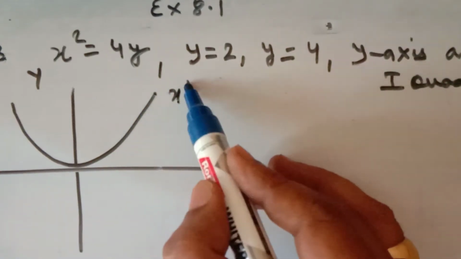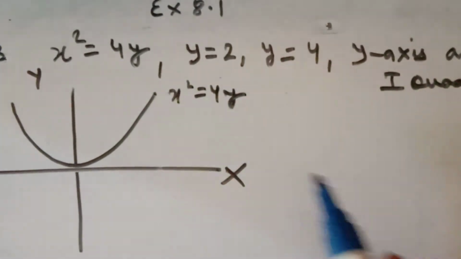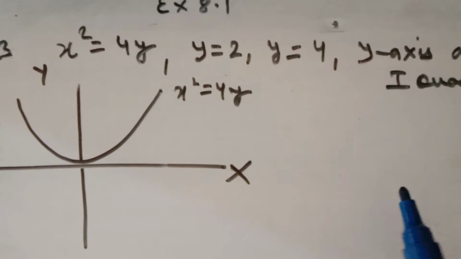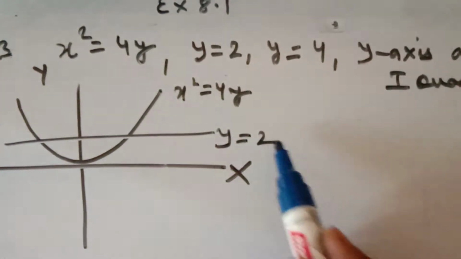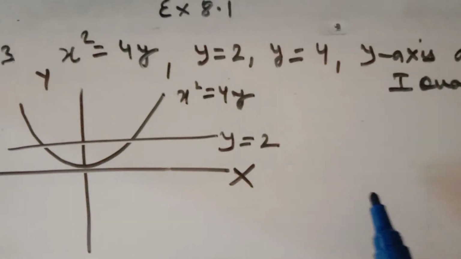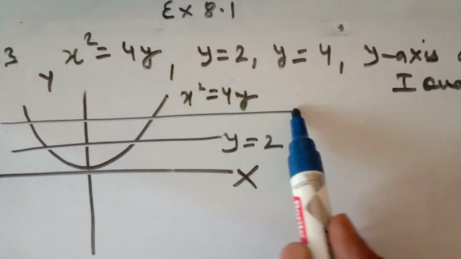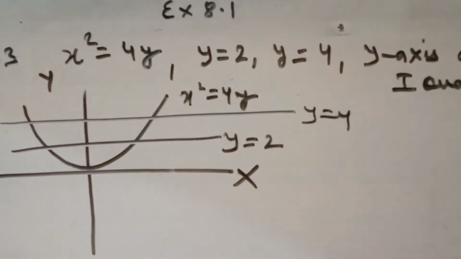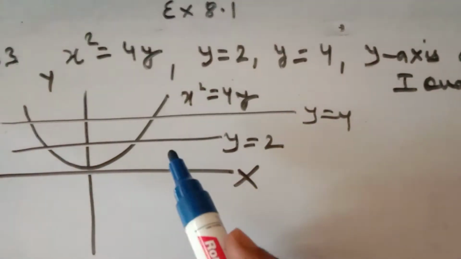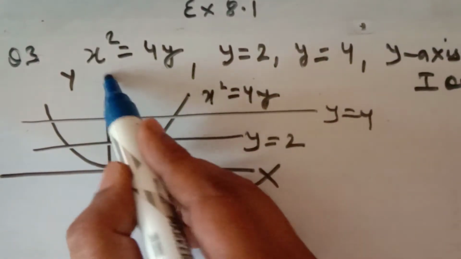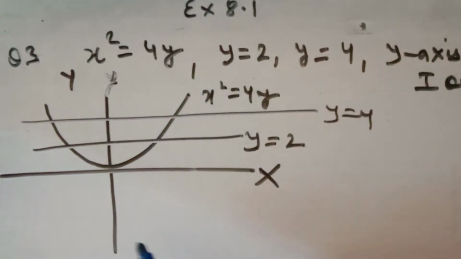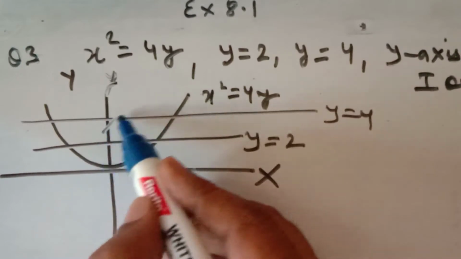You have to find the area bounded by this curve between the limits y is equal to 2, which denotes a line parallel to the x-axis, and y is equal to 4, again a line parallel to the x-axis, and the y-axis in the first quadrant. So this area you have to find.